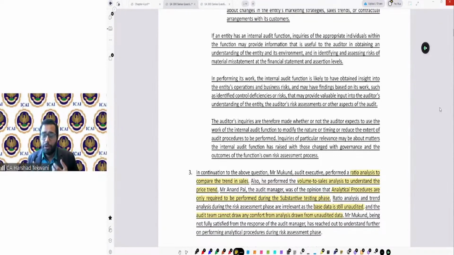Try to answer. Trust me. Try to think why analytical procedures are important at the risk assessment phase. The question can come for 5 marks in the exam. Okay. Very good, Mufida.